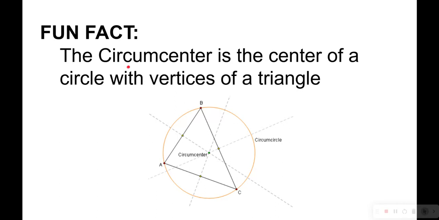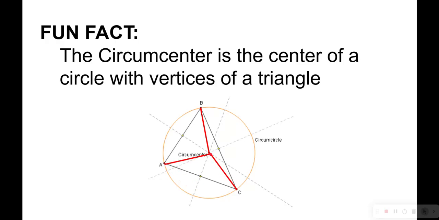So remember, the circumcenter is the center of a circle where the vertices of the triangle are on the circle. So that vertex is on the circle, that vertex is on the circle, and that vertex is on the circle.